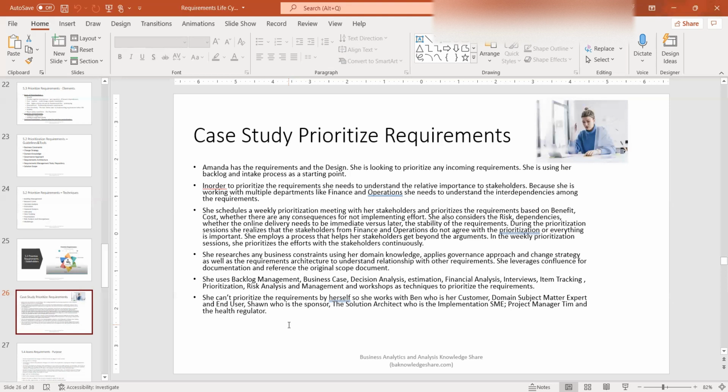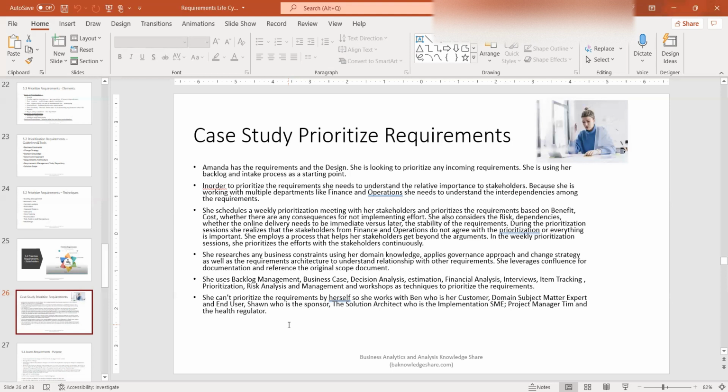During the prioritization sessions, she realizes that the stakeholders from finance and operations do not agree with the prioritization, or they consider everything important. She employs a process that helps the stakeholders get beyond the arguments. In the weekly prioritization sessions, she prioritizes the efforts with the stakeholders continuously.